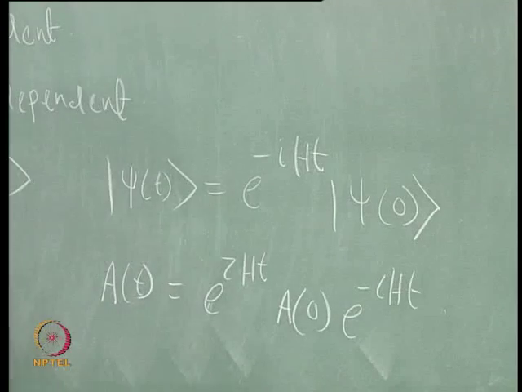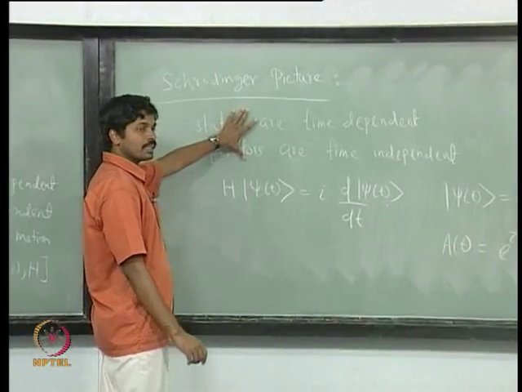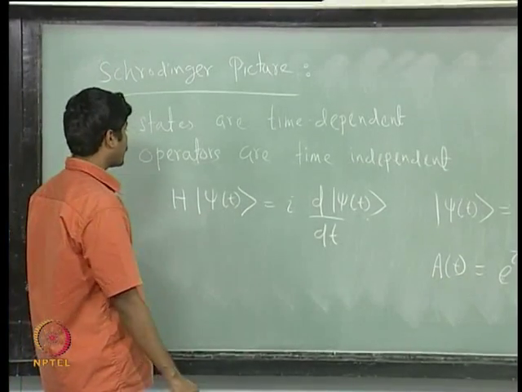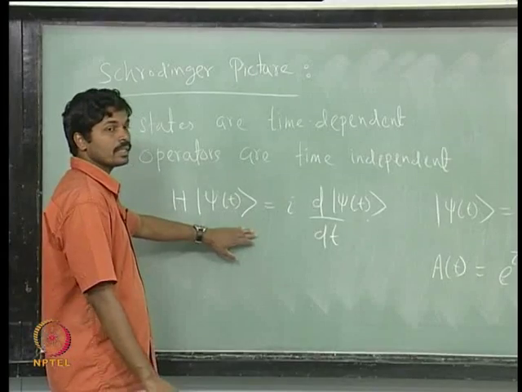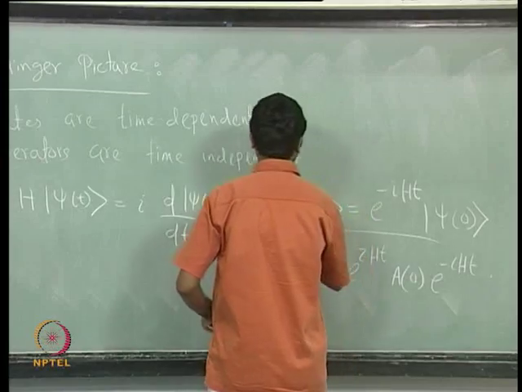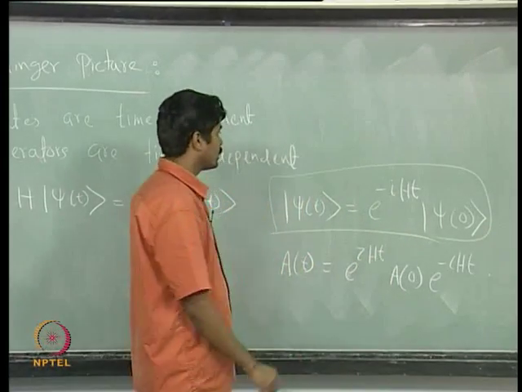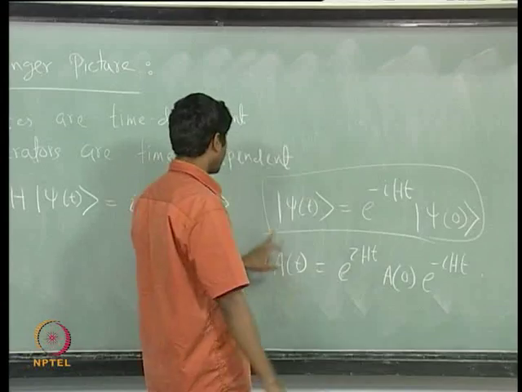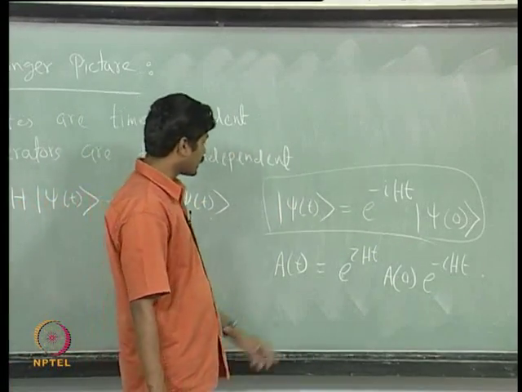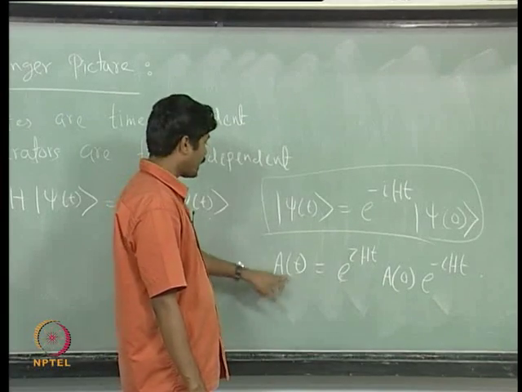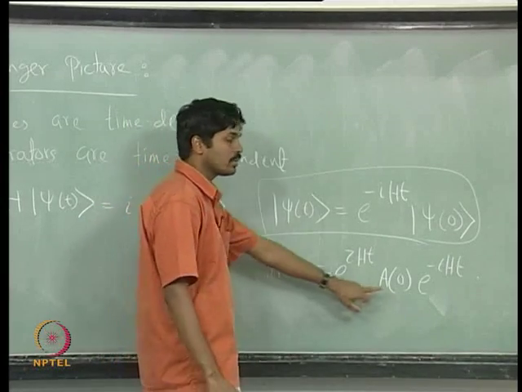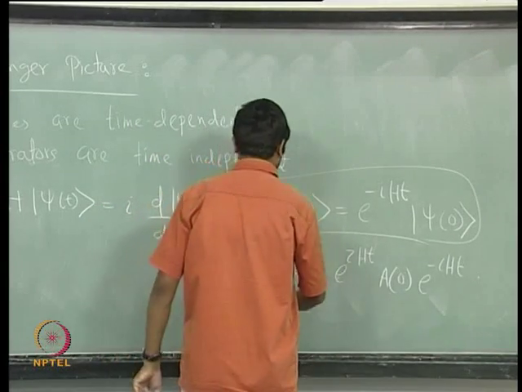So, you can either work in the Schrodinger picture by considering the states to be time dependent and the operators to be time independent, and the time evolution of the state vectors is generated by the Hamiltonian. Or you can consider the operators to be time dependent and the state vectors to be time independent, and this is how the time evolution of the operators is given.